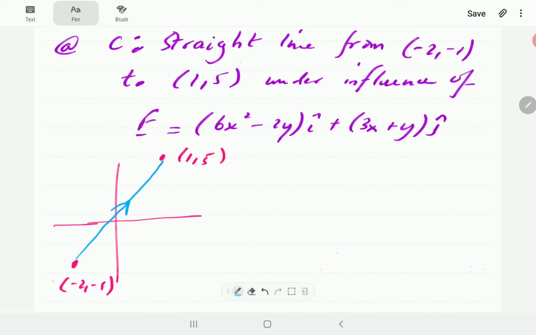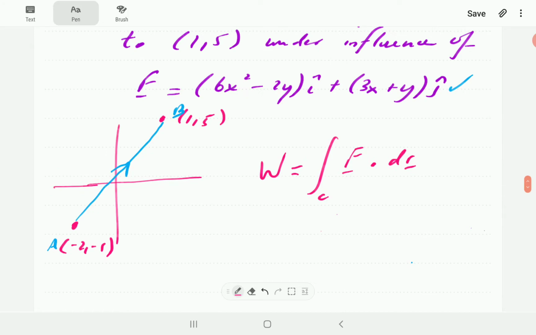So we are going, let's say, from A, or moving the object from A to B under the influence of this force field. So the formula for work done, W for work done, is the contour integral, or the line integral, of F dot dr along our curve C.